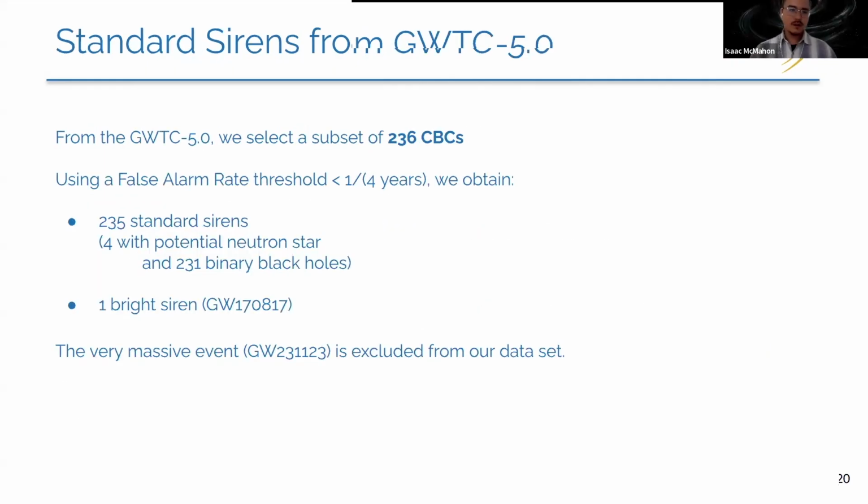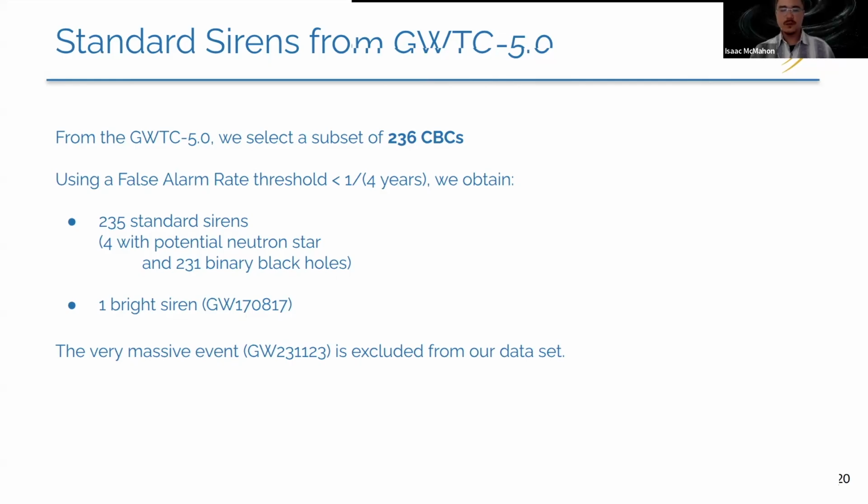So all in all, from the GWTC 5.0 data set of gravitational waves, we select a subset of 236 compact binaries out of the 390 total. The reason for this subset is that we use a false alarm rate threshold of 1 per 4 years.